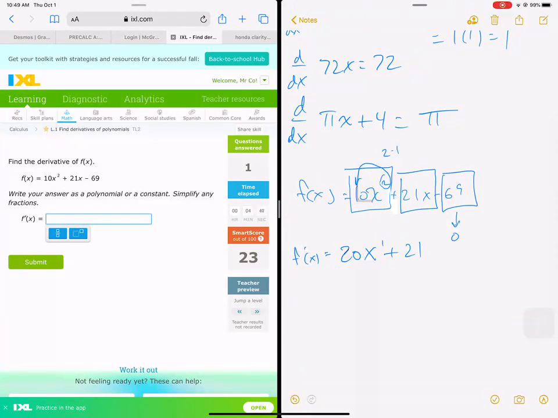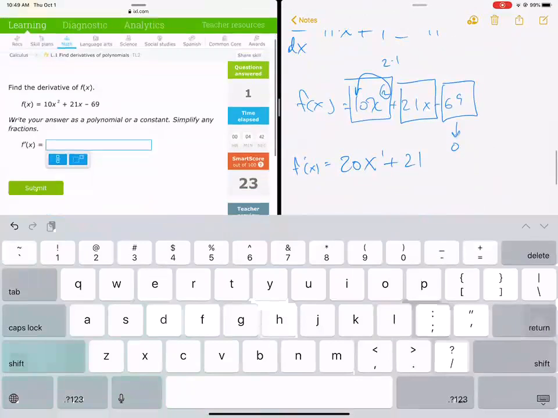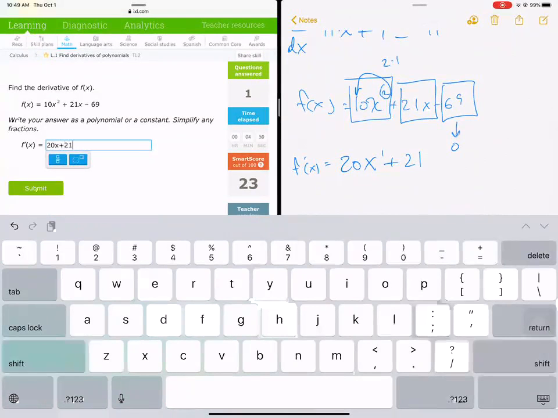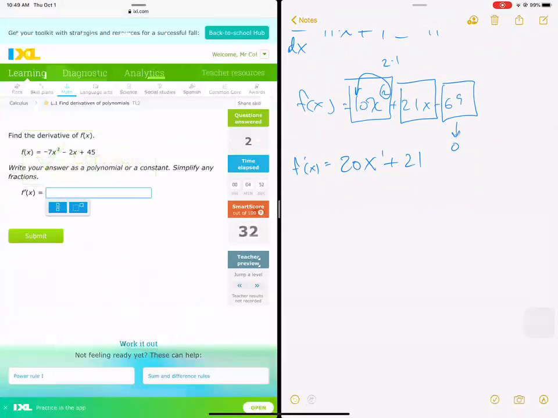Okay, that's it. 20x plus 21. Now, this brings us to the case that if you can take the derivative of a regular polynomial, it's super easy.